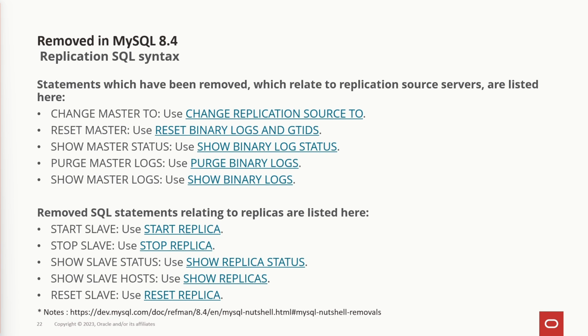But when we released 8.4, we changed the source part to binary log. So if you check SHOW MASTER STATUS, now you have to use SHOW BINARY LOG STATUS, and also SHOW BINARY LOGS, something like that. So if your monitoring system uses this kind of command, then you have to change.